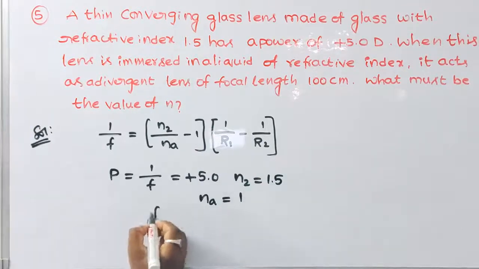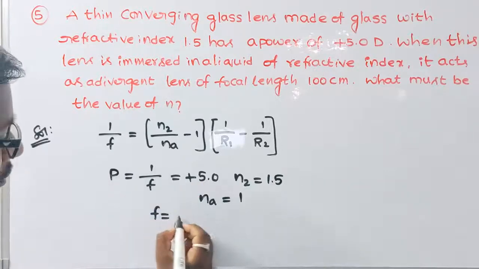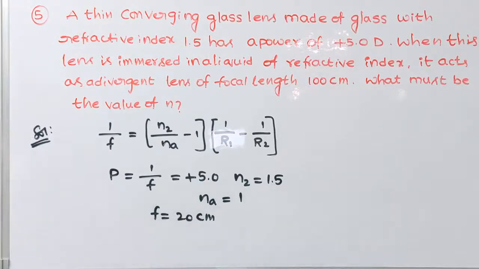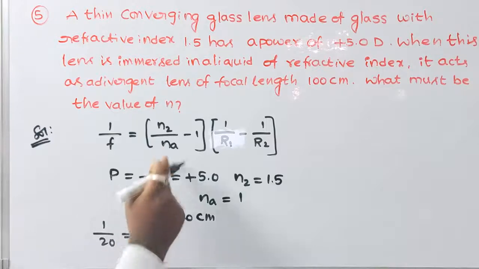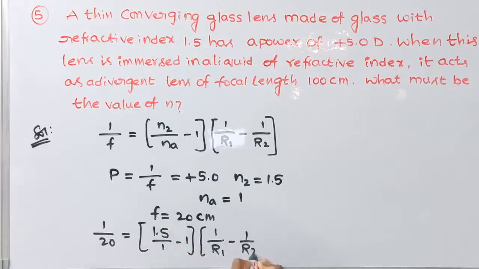The focal length f is equal to 100 by 5, that is equal to 20 centimeter. 1 by 20 is equal to 1.5 by 1 minus 1 into 1 by r1 minus 1 by r2.